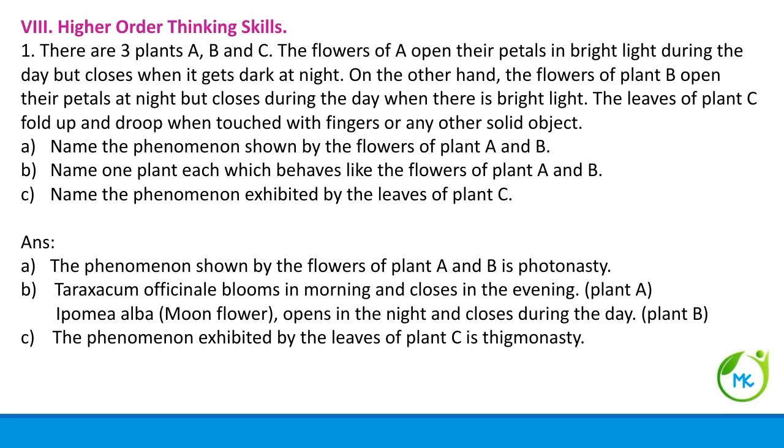So remember, A opens its petals in bright light, that is daytime the flower is opening, and night time it closes. On the other hand, flower of plant B, in contrast to plant A, opens the petals at night time and closes during the daytime. And the C plant, it folds up and droops when touched with fingers or any other solid object.